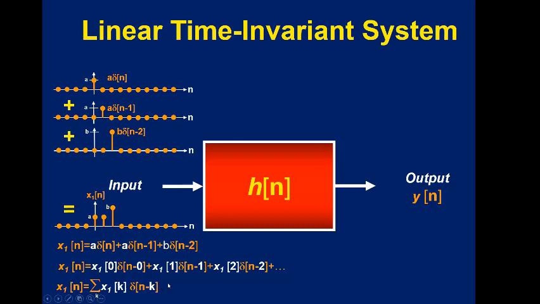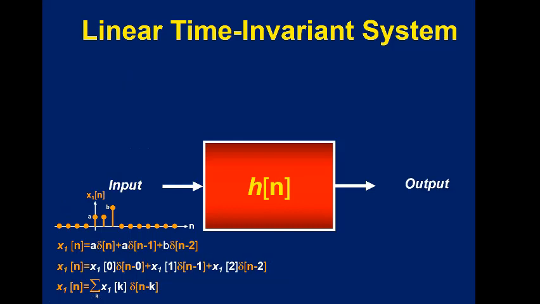Well, if we have that way of breaking up our discrete time input signals into these individual sequences, and we know what this system is going to do when we put one of these in unscaled, if we put a delta sub n in, we get h of n out.